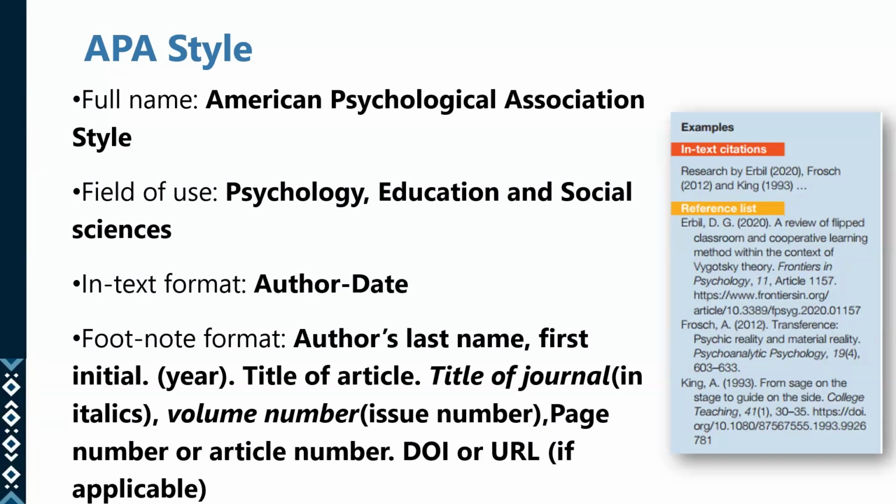So here in the example, you have the in-text citation. You see they put the name of the author followed by the year of publication. And then in the reference list, since in this case many authors were cited at the same time, you have to put the details of all those articles.